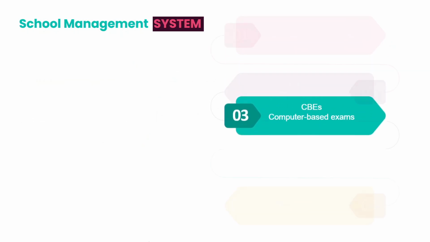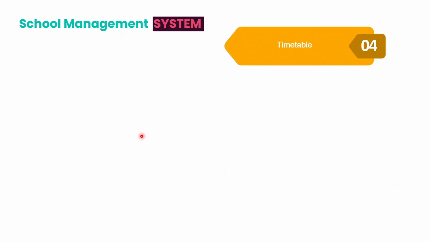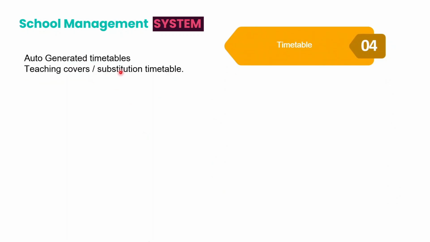The last one is the timetables. We have auto-generated timetables. The creation of the timetables is for organizing the teaching cover if we have absent teachers or different classes. So this will be managed by the timetable system. This is also handled by the school management system.